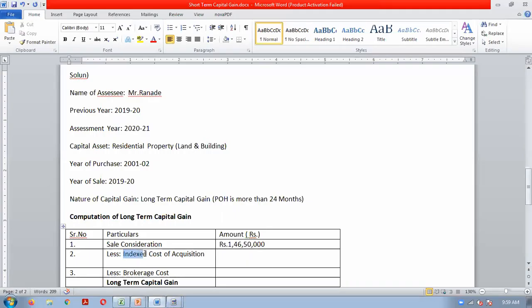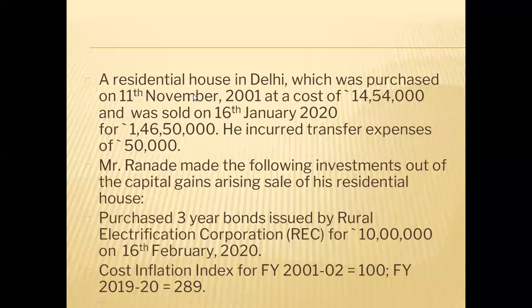Okay, now indexed cost we will have to calculate because it is a long-term capital gain. So for calculating indexed cost, we will have to use the cost inflation index. For year of purchase and year of sale, both years' inflation index is given: 100 and 289. Means in 2001-02 if you could purchase an item for 100 rupees, the same item will cost 289.